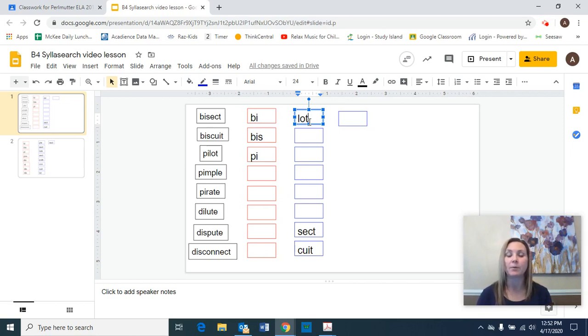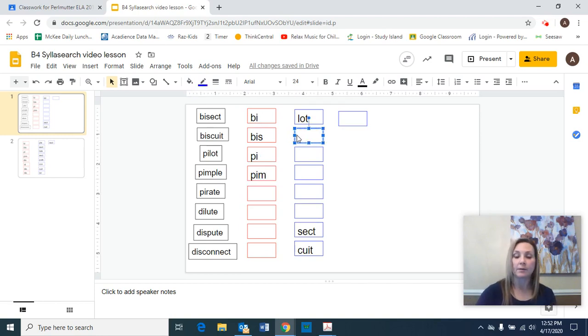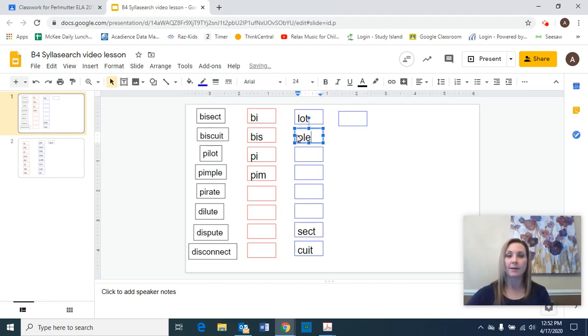All right, you guys got this. Let's move on to pimple. Say pimple in your head. Let's break it up into syllables. What letters make up the first syllable in pimple? P-I-M. What about the second syllable in pimple? Good. P-L-E. All right, pirate. Ready? Say it in your head.